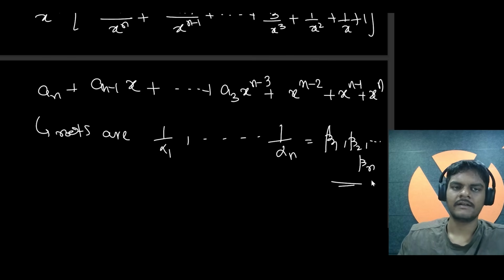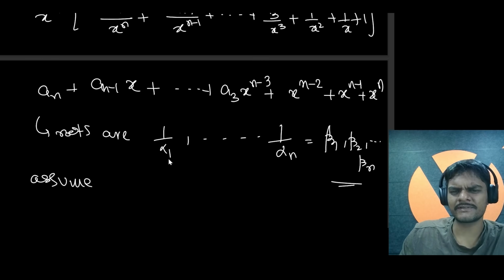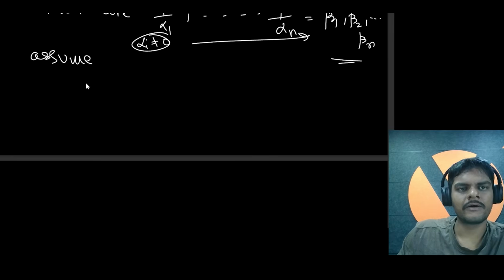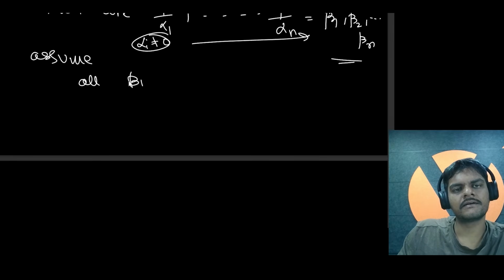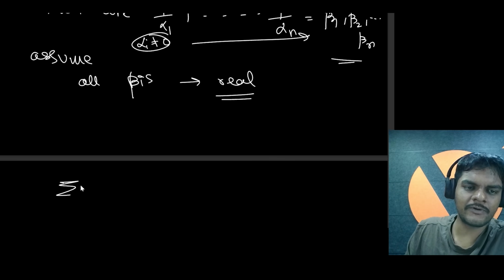Okay, fine. Let us assume, and this is possible because none of them is 0, alpha i is not 0. So this is possible. Okay. Assume all beta i's are real. We want that. Okay, anyways, what is the sum of beta i?